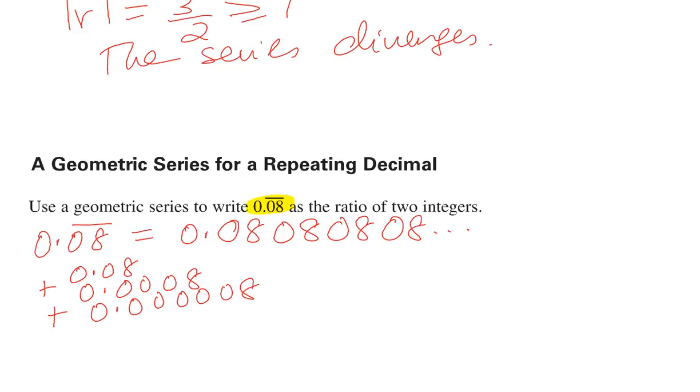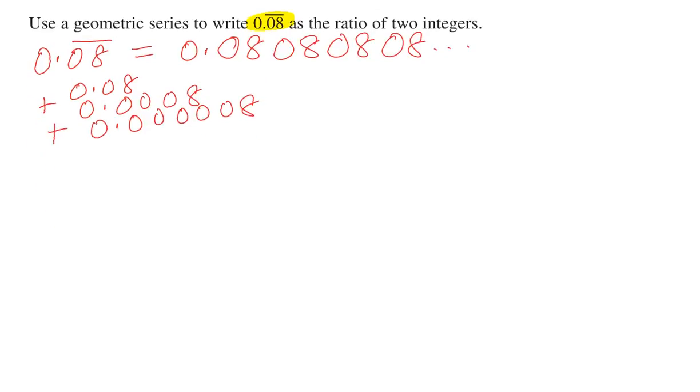So guys, if you look here, we can write 0.08 with a bar as, first start with 0.08. And what is 0.08? That is 8 over 100.